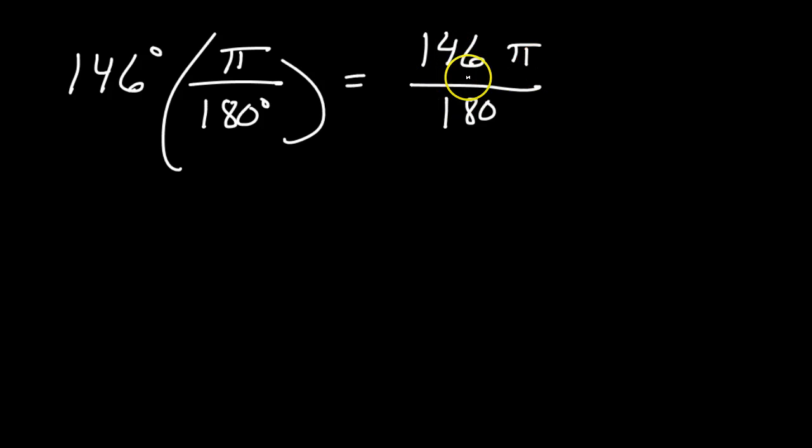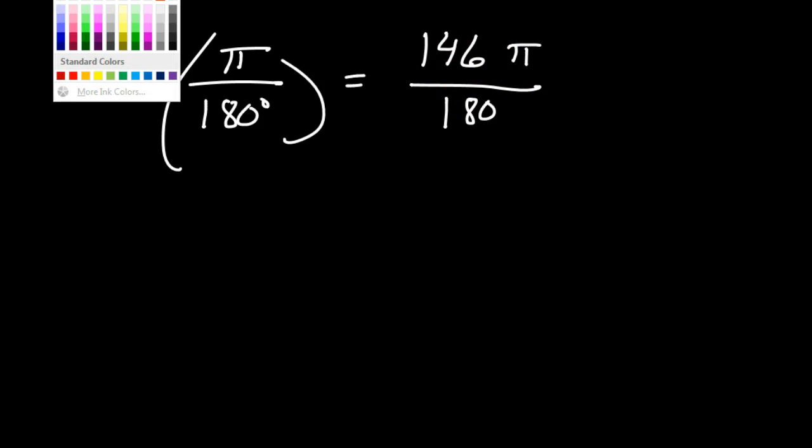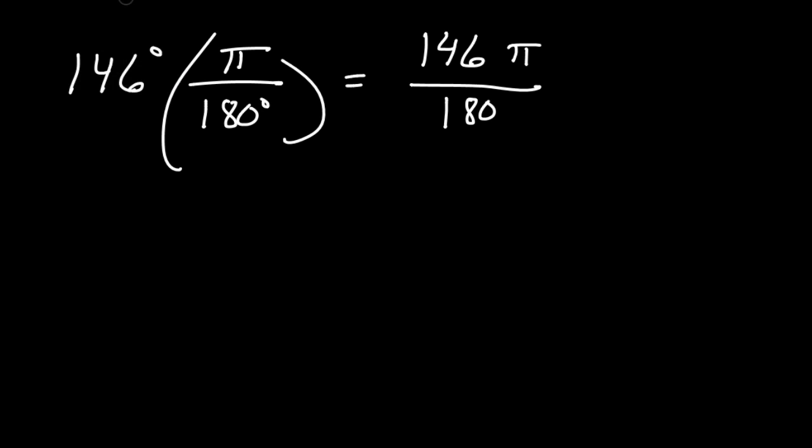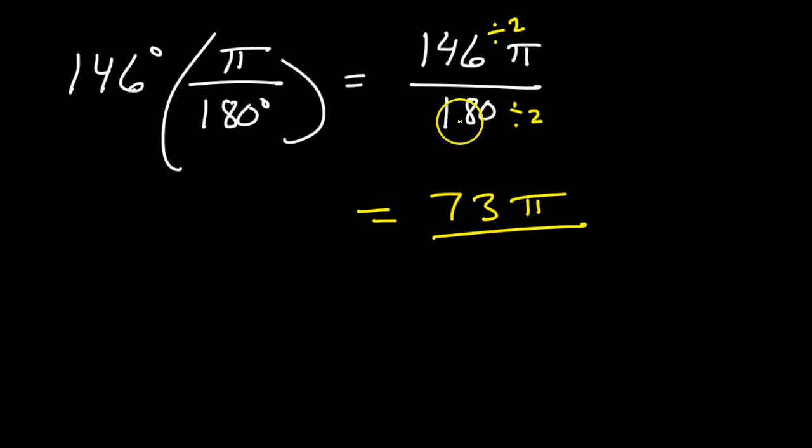Let's see, these are both definitely divisible by 2. I know that's small potatoes, but that's what's jumping out at me right now, so I'm going to go ahead and do that. So this would be 73 pi over 90.